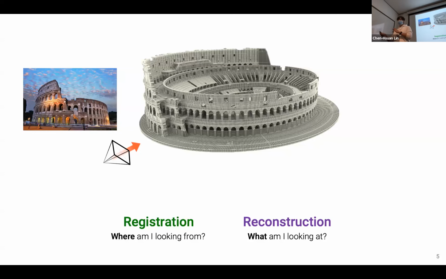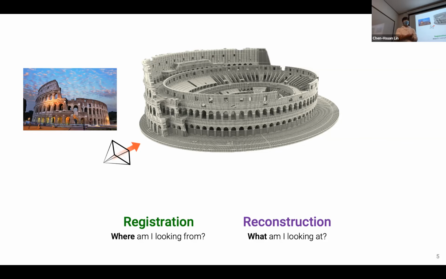The problems of registration and reconstruction are very tightly coupled, because if we want a very good 3D reconstruction, we need a very high quality registration of the images. You can think of it as camera poses, in a sense. We need to know what the accurate camera poses are so that we're able to build a good reconstruction. But on the other hand, if we want to solve for a good registration, we also need a high quality reconstruction.